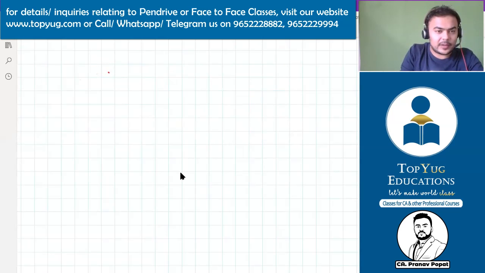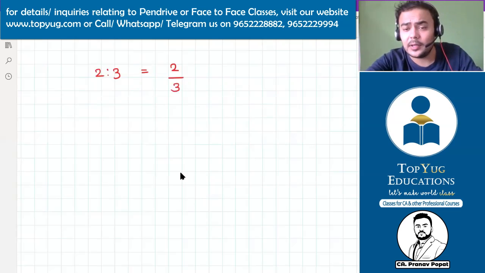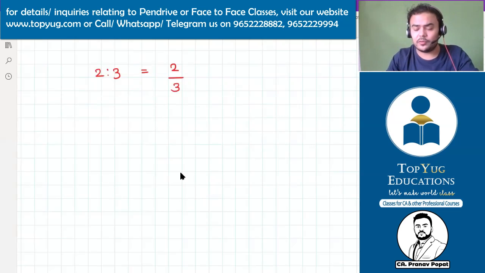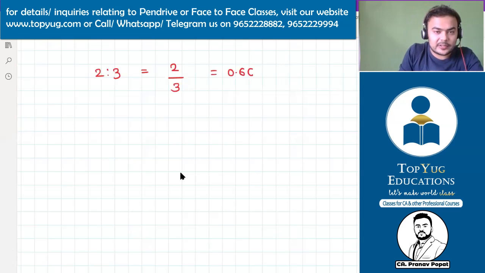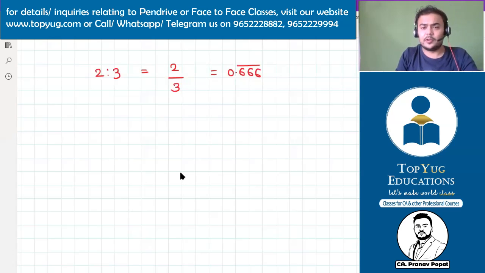2:3. I am taking 2/3. 2/3 is nothing but division of 2 by 3. Can you tell me the decimal value of 2/3? What is the decimal value of 2/3? Sir, it is 0.666 recurring. No problem.